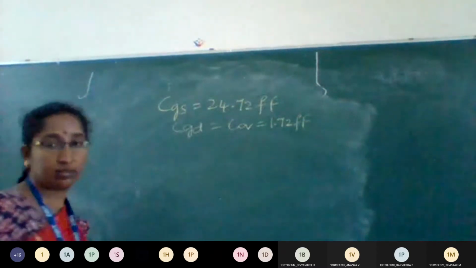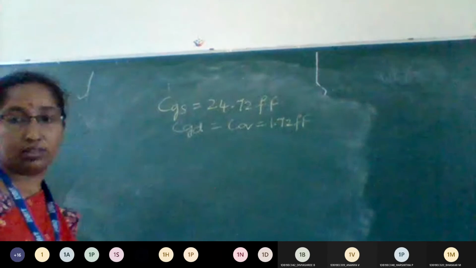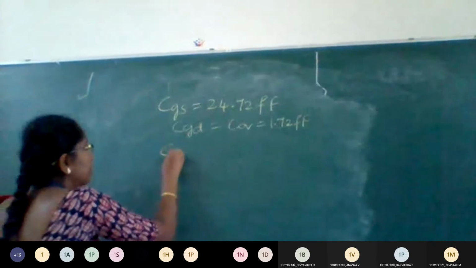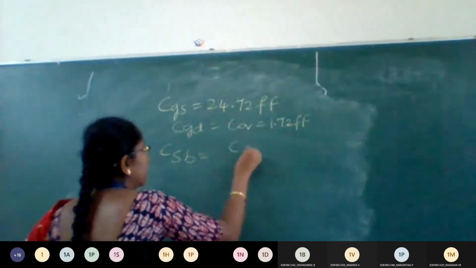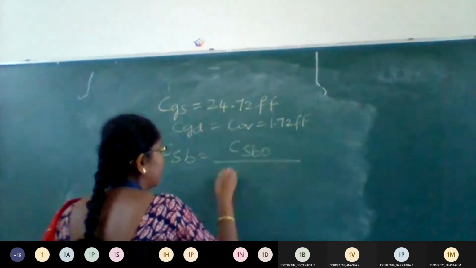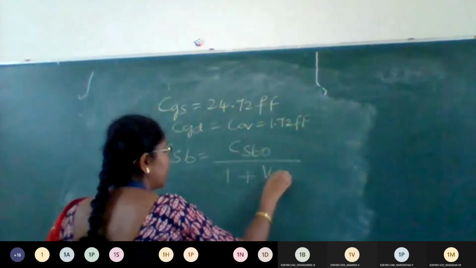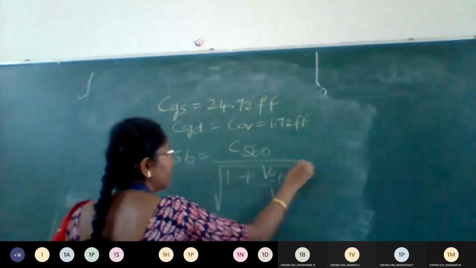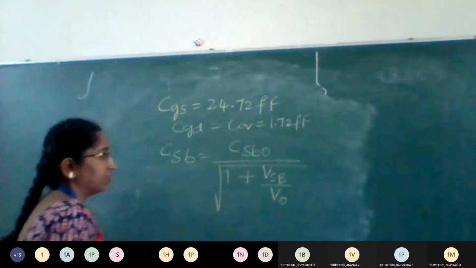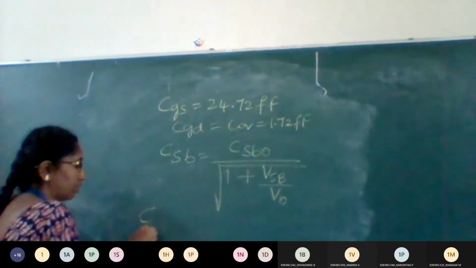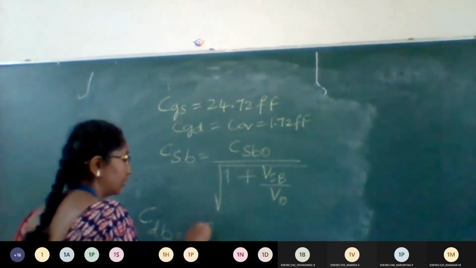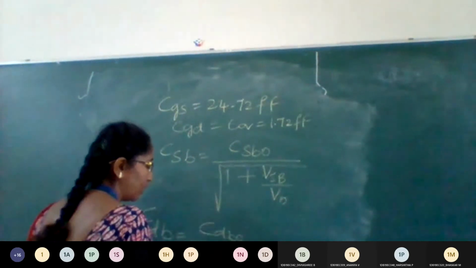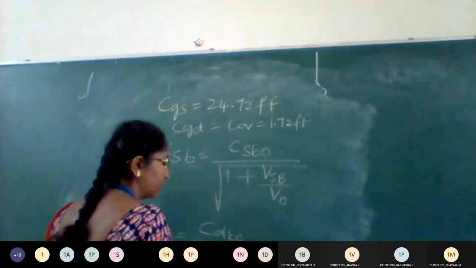So next, what are the remaining capacitance? Junction capacitance. CSB is CSB0 divided by root of 1 plus VSB, the reverse bias voltage, over junction voltage. Tell me what is the value. Similarly, CDB is CDB0 by root of 1 plus VDB by V0.